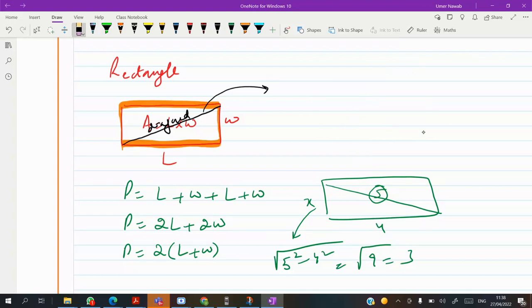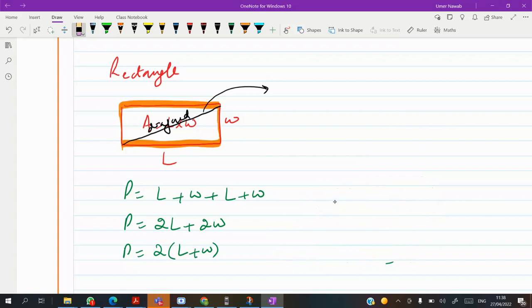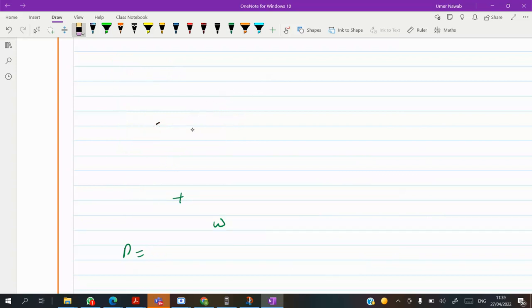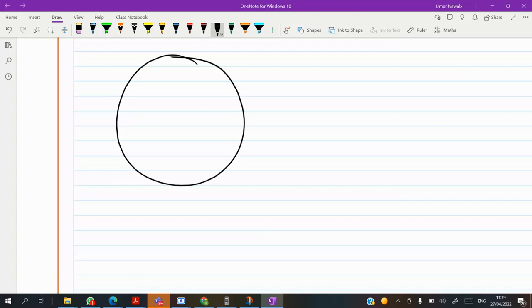So let me erase this. The rectangle is explained, the background of the rectangle is done. Next is the sector. So be careful, guys. You all know that this is a circle, and when the circle is divided into this shape, this is the radius, this is also the radius, and this is the arc.